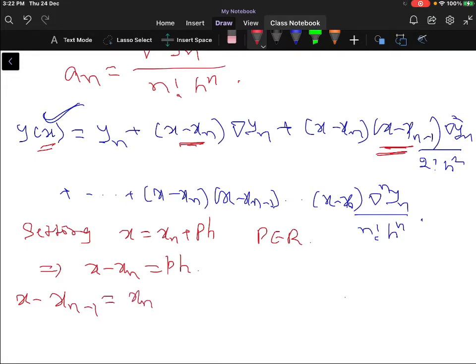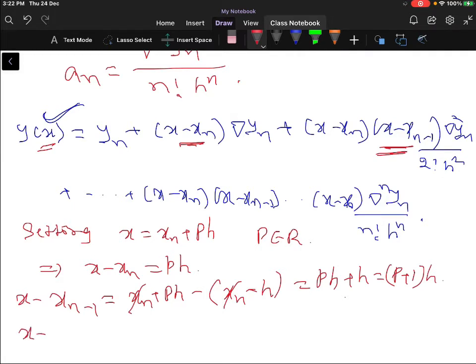That is x minus xn minus 1, where x is xn plus ph minus xn minus 1, which in terms of xn is xn minus h, the immediately previous value. Here xn minus xn cancels, and that is equal to ph plus h.